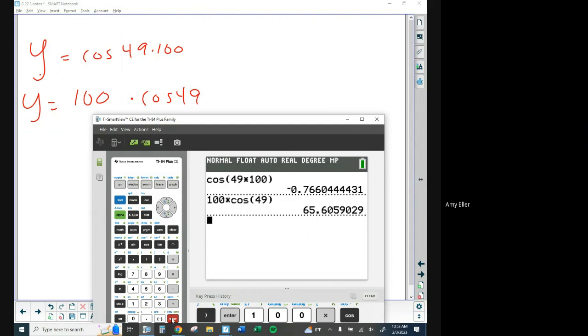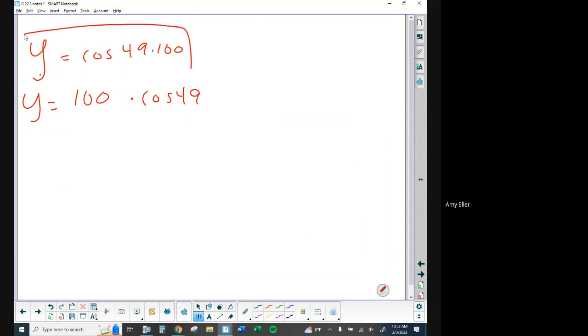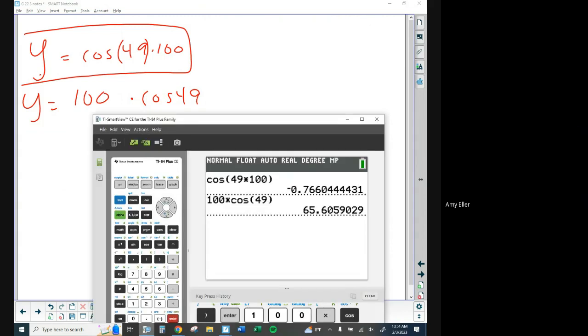I don't want that. If I'm going to type this one, I need to do 49 by itself, just that in parentheses, and then times 100. So let me show you correctly. Cosine 49, just the cosine of that, times 100. Now I get the same answer.